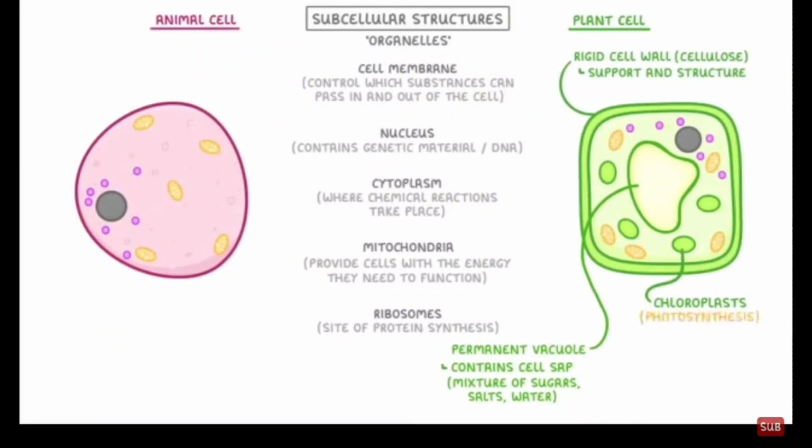We cover it in detail in another video, but basically photosynthesis is the process by which plants use energy from the sun to make sugars like glucose. And to help with this, chloroplasts contain a green substance called chlorophyll, which absorbs the light energy that's needed for photosynthesis. And it's this chlorophyll substance that makes plants' leaves green.